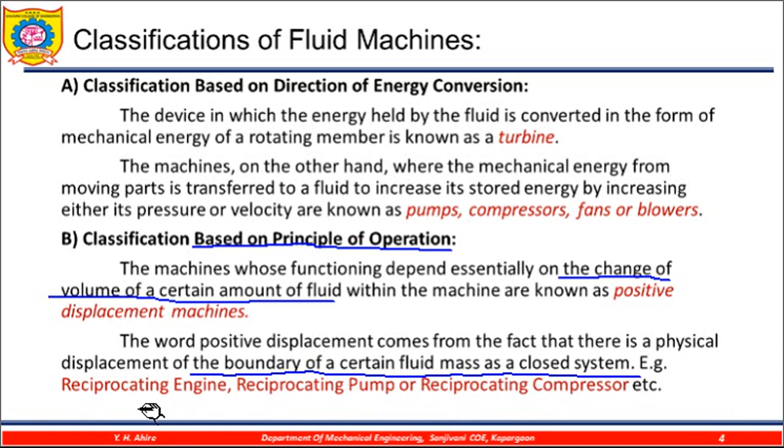Examples are reciprocating engine, reciprocating pump, or reciprocating compressor. These are all examples of positive displacement machines. Positive displacement machines means what? There is a physical displacement of the boundary of a fluid mass which acts inside the machine as a closed system.